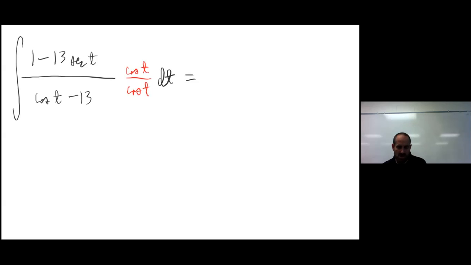Okay. So what's that going to give me upstairs? Cosine of t minus, because secant is 1 over cosine, to be cosine of t minus 13. And then on the bottom, it would be cosine of t.